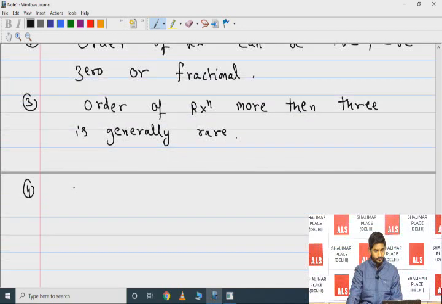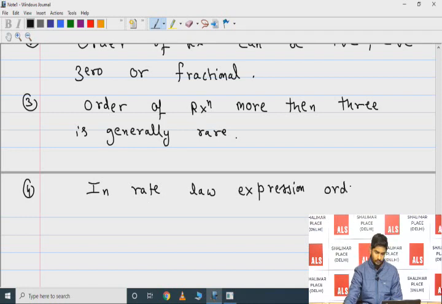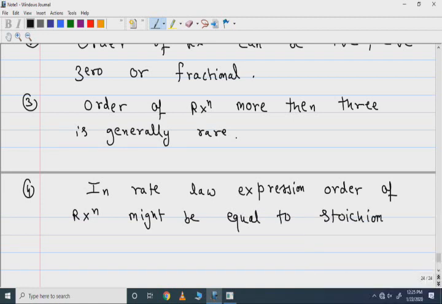Number 4, in rate law expression, order of reaction might be equal to the stoichiometric coefficient of reactants in a chemical reaction.